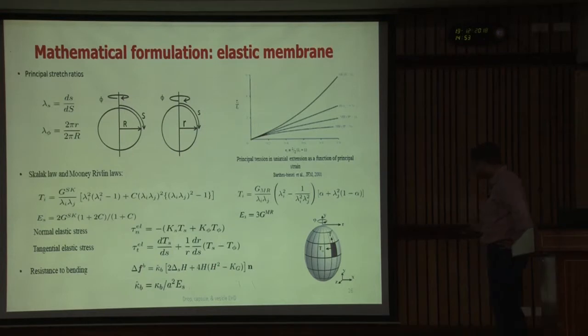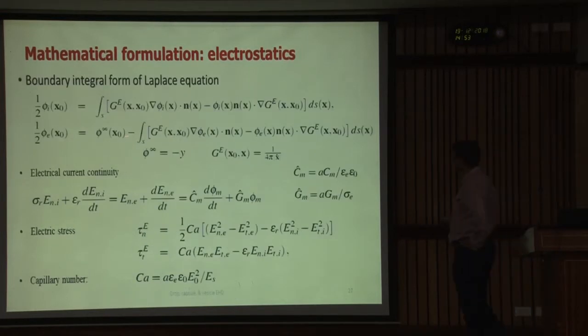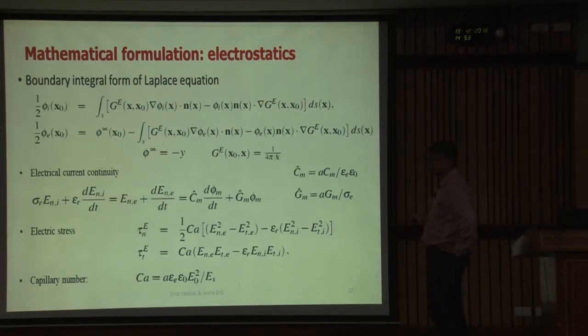Okay. Now, the boundary integral equations are different because the membrane admits what is called the transmembrane potential. So you have to write a separate equation for the internal phase and the external phase, and these two potentials are not the same; they differ by what is called the transmembrane potential.